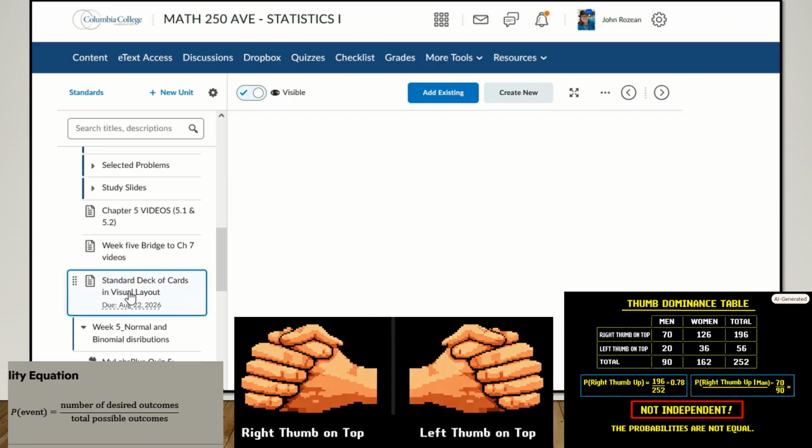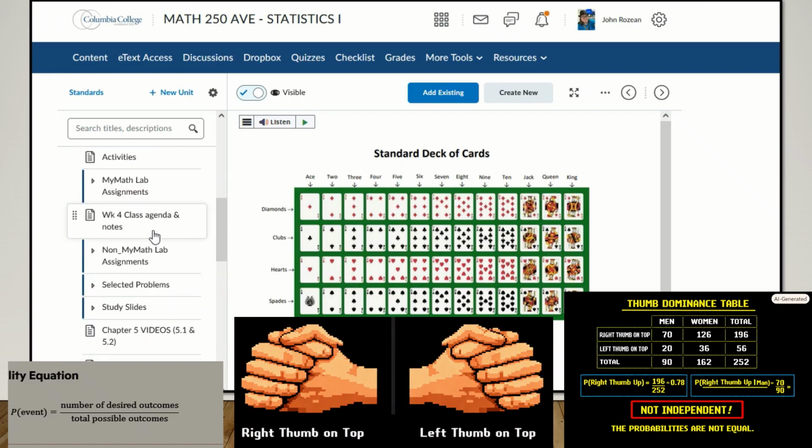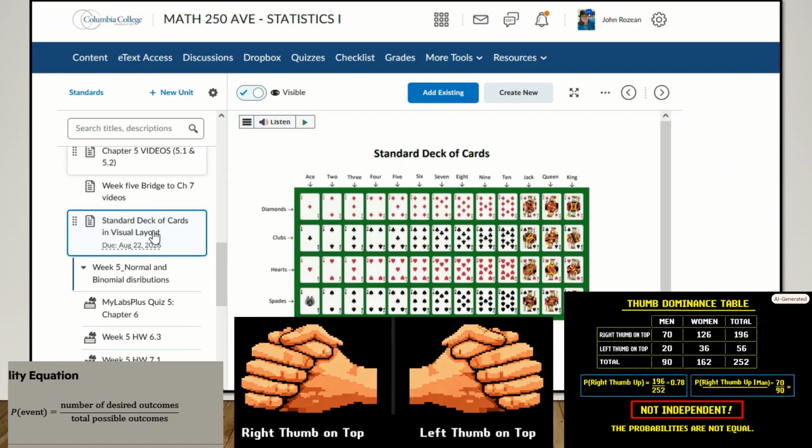I've got to get the image back in there to get it for you. But anyway, there it is right now. You can see it in the week 4. I saw, or oh yeah, it is in the chapter 5. Oh, it's in the week 4. So it's in week 4. Sorry guys.